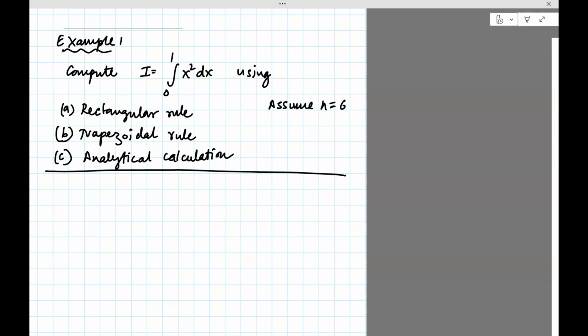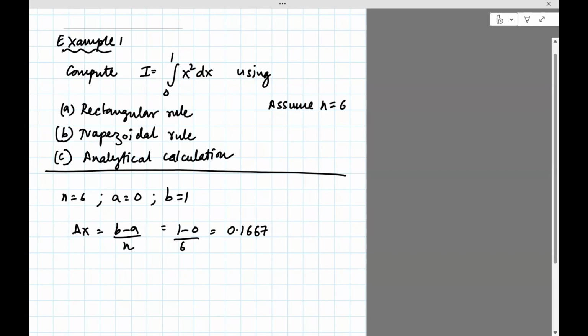So n is 6, a is 0, b is 1, the lower and upper limits. So delta x is b minus a divided by n, which is 1 minus 0 divided by 6, which comes out to be 0.1667.